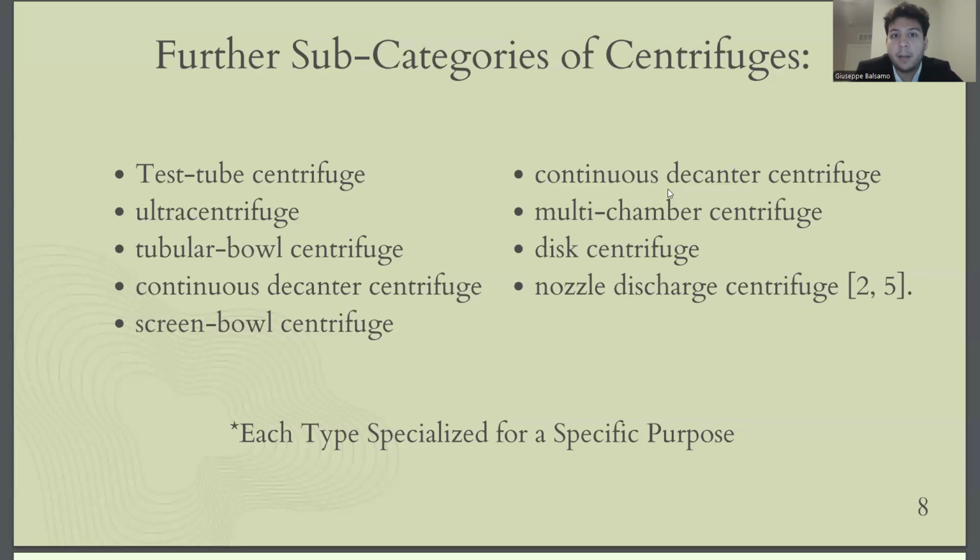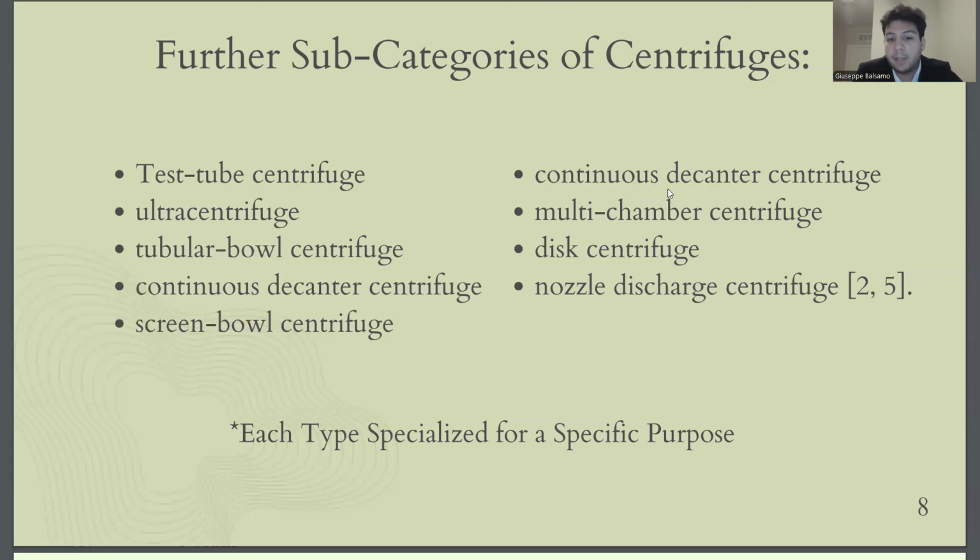Besides the two main categories of centrifuge that we just talked about, there are also some subcategories of centrifuge. Some of these, for example, are test tube centrifuge, ultra centrifuge, tubular bowl centrifuge, amongst many others. Different types of centrifuge cater to different needs. For example, a tubular bowl centrifuge clarifies heavily contaminated liquids in early purification phases.